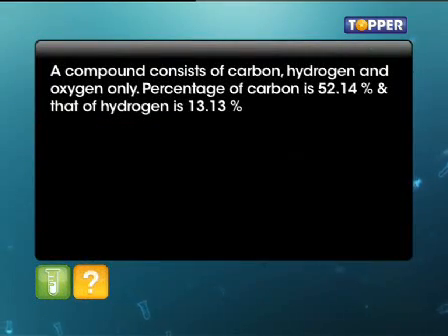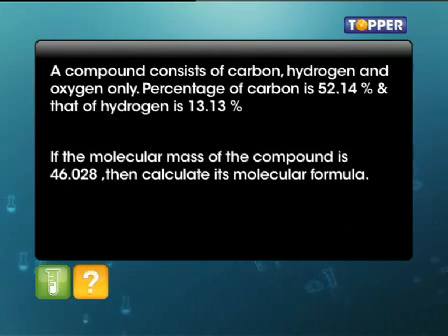A compound has carbon, hydrogen and oxygen only. Percentage of carbon is 52.14% and that of hydrogen is 13.13%. If molecular mass of the compound is 46.028 grams, calculate the molecular formula.